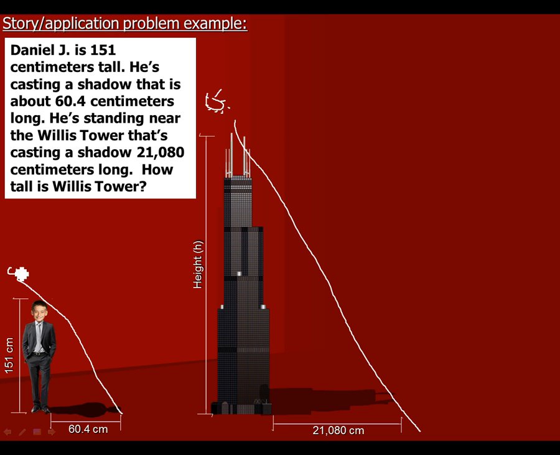Granted, you take the measurement at the same time of the day. If you're doing it at a different time of the day, then the sun's going to be either higher or lower in the sky. So let me clean this up a little bit.